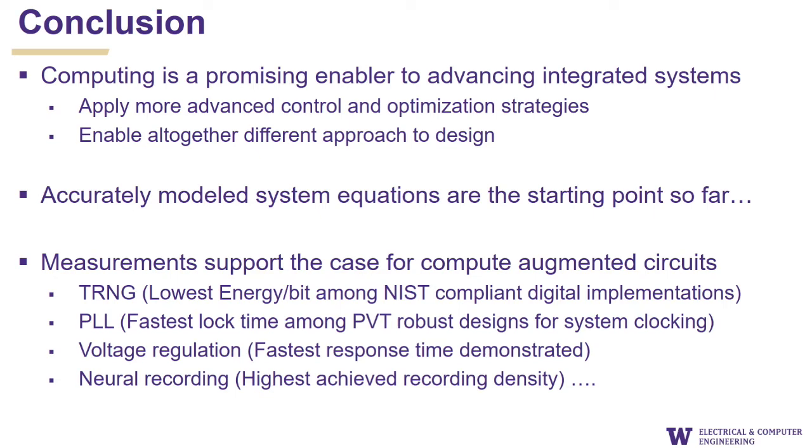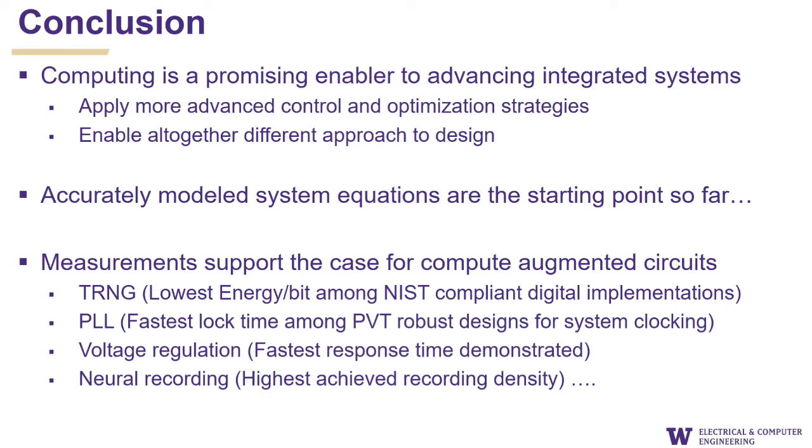So in conclusion, from whatever experiments we've tried, and we've tried 4 or 5 systems now that take a computational angle to designing integrated circuits and systems, whether they're analog, mixed signal, power, or digital, we're finding that it's a promising enabler. And so far, we've largely depended on advanced control or simple optimization strategies. So we try to use computation to implement more advanced control than exists in IC designs today, or we deploy simple optimization strategies.